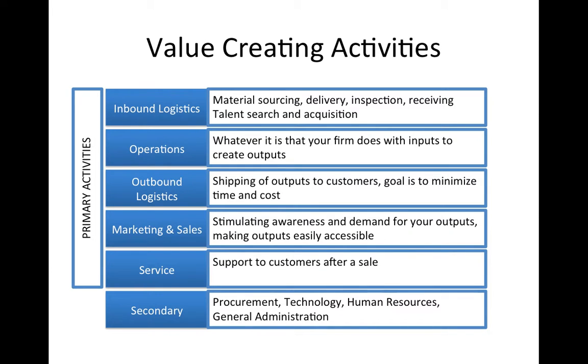If you think about what you know about them now, they really are very much marketing the fact that they're going to get you stuff quick, they're going to use drones, so it's cool, all those sorts of things. So right now what you're hearing about is their outbound logistics. What you don't realize is that what Amazon did initially to really compete against everybody was that they completely rethought this whole issue of inbound logistics and operations.